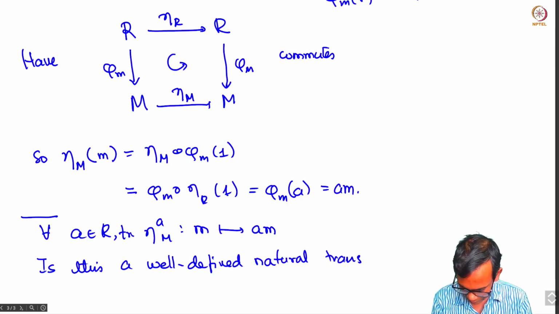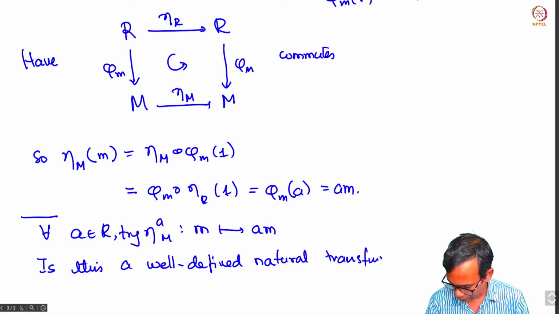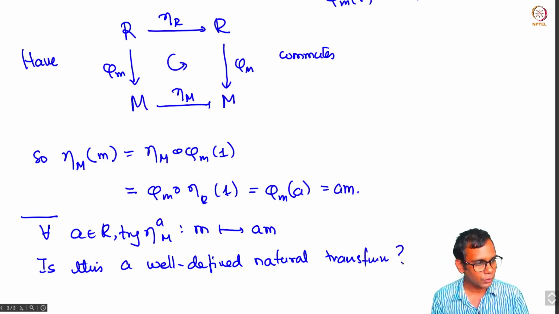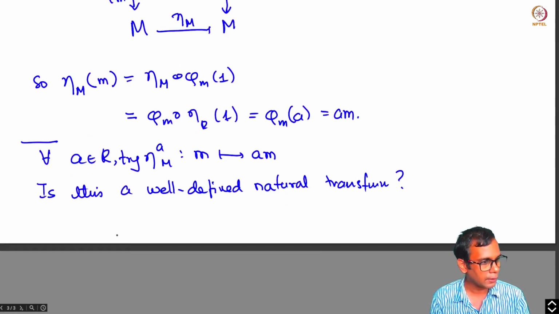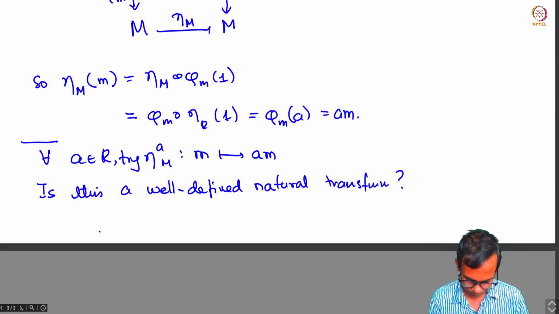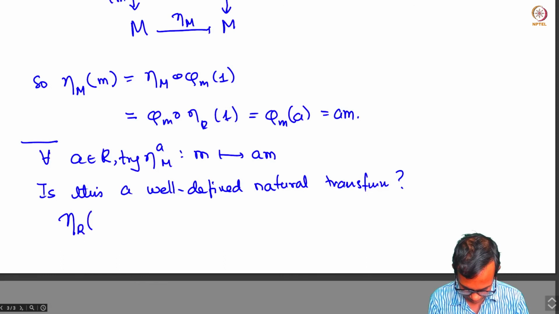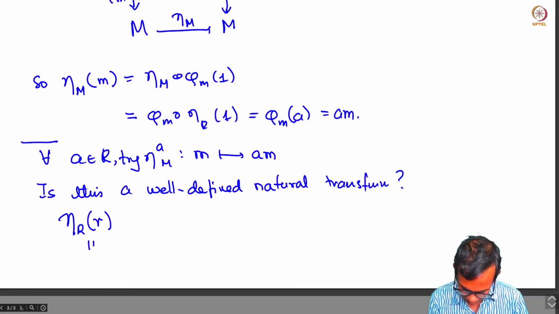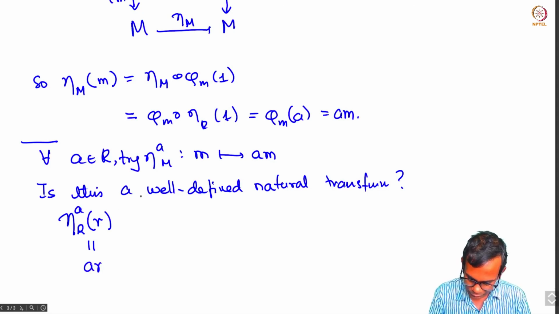So I'm just trying this out. Let's just try it out on R. So we have eta^a_R of r. On one hand, this is going to be just ar by this calculation here. Eta_M of m is am, so I'm just applying it to r here.